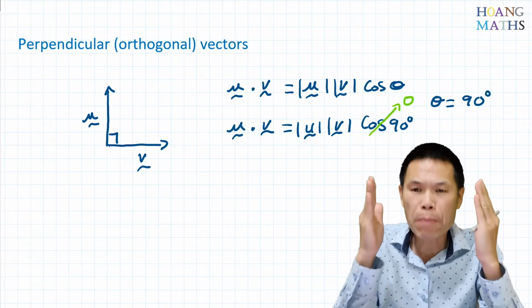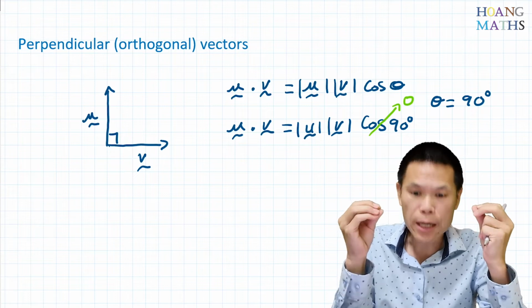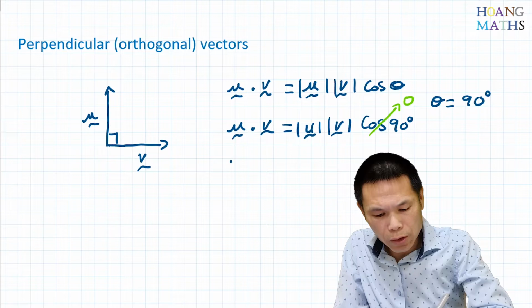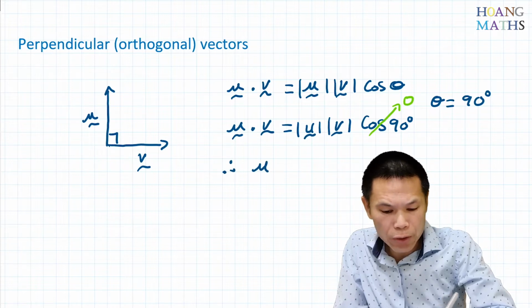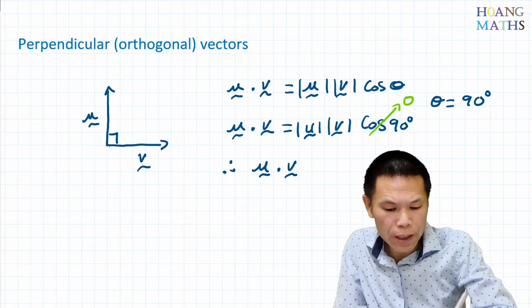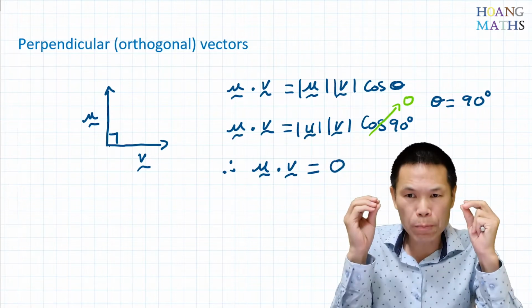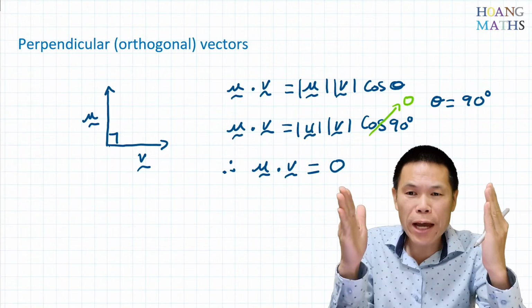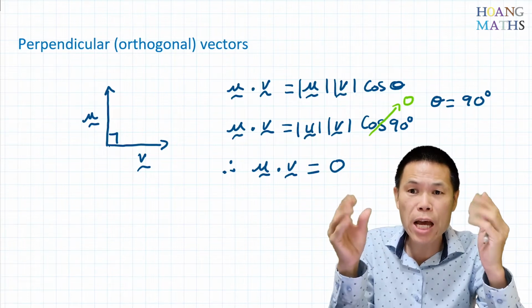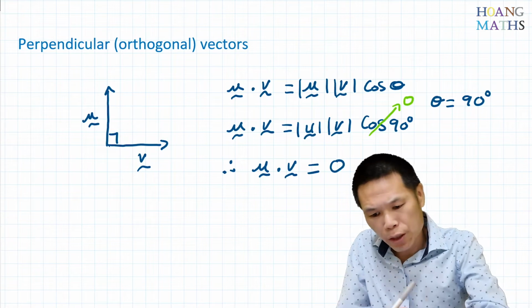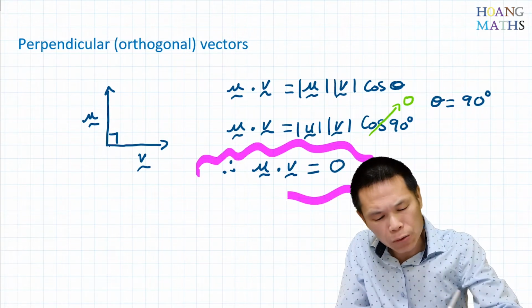So therefore, magnitude of u times magnitude of v times 0, the answer is 0. So therefore, vector u dot vector v is equal to 0. So there you go, please keep that in mind. When two vectors are perpendicular to each other, the dot product is equal to 0. So please take note of this, okay?